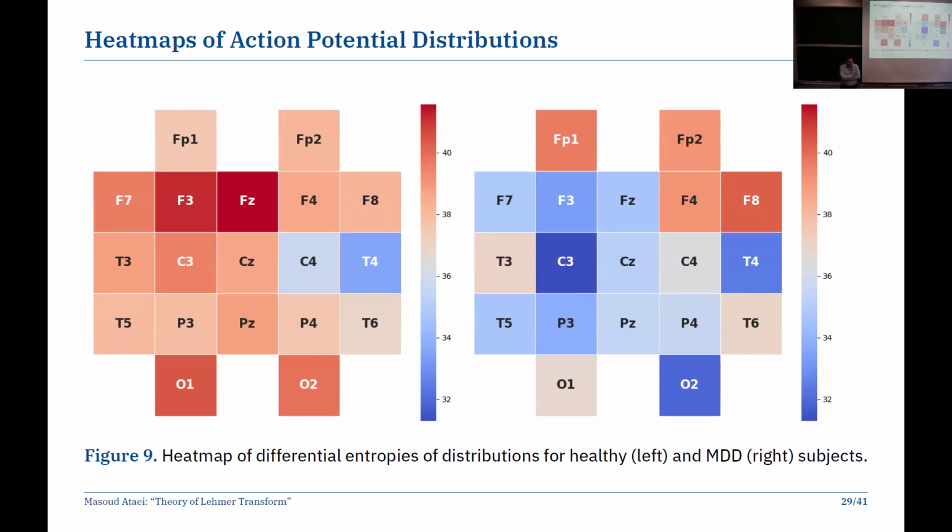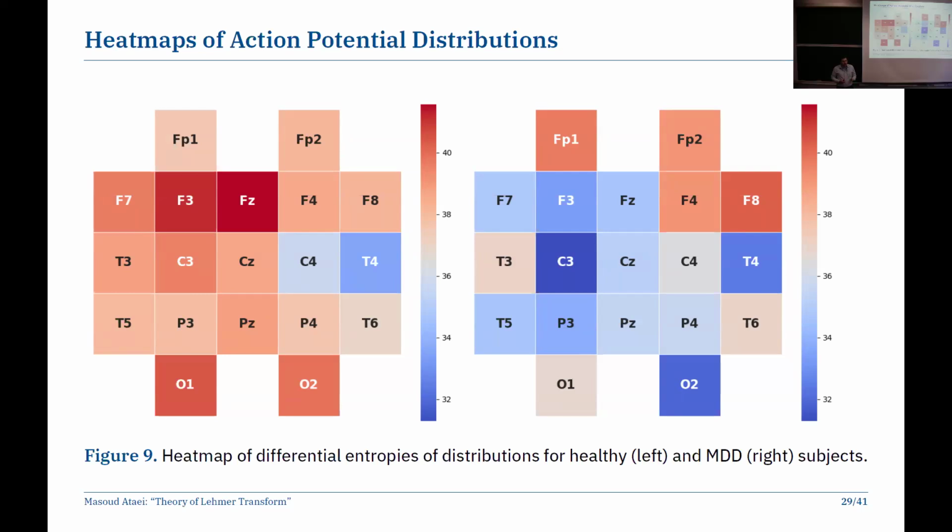Moving posteriorly, O2 and PZ are muted. This indicates reduced sensory engagement and blunted visual responsiveness. So this is how these distributions can be interpreted.